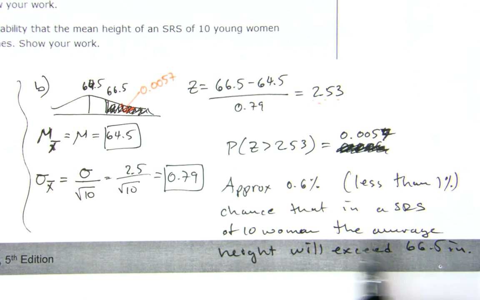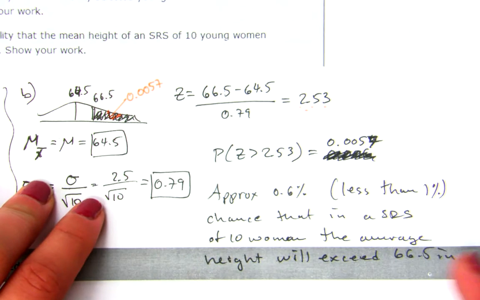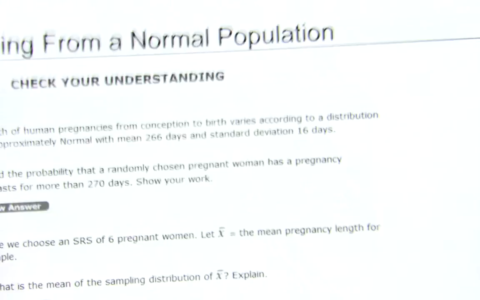Okay, so less than a 1% chance. So it's probably unlikely that you're going to have that actually happen. It's less than 1%. All right, that was example number 9. Slide number 7. All right, next one. Slide number 8 is the next one.